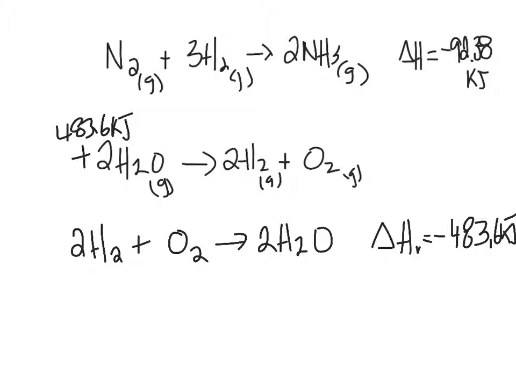So if you have an exothermic reaction, delta H is negative. There's less stored energy in your products. It went into the surroundings. Endothermic reaction, energy came from your surroundings, went into your system, so your products have a higher potential energy than your reactants. Think about it as stairs.